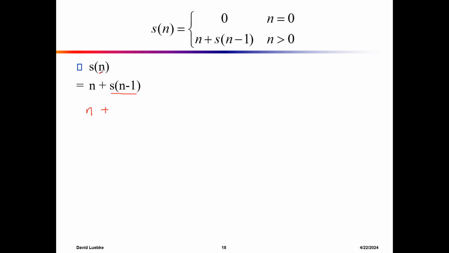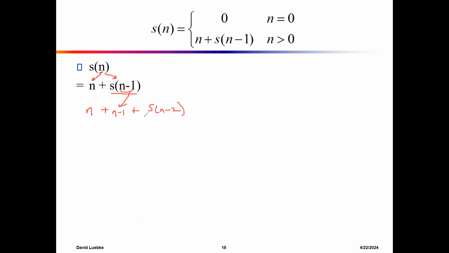This value here comes here, and then this value comes here with minus 1, 1 less. So if we follow that same pattern, this value will come here. It'll be n minus 1 plus S of n minus 2, this value 1 less.